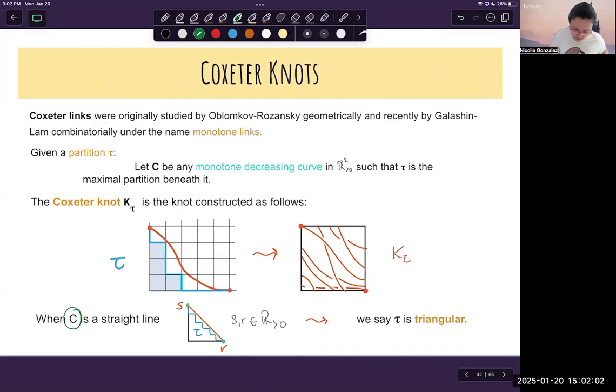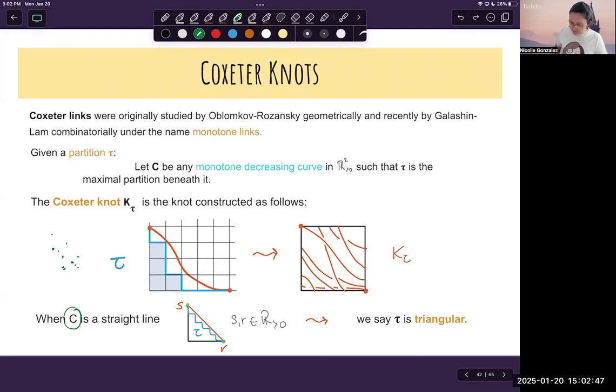So for instance, if your partition is what we call a hook, so something very long like this, but there are many lattice points inside here, then if you try to draw a straight line, this partition is not the maximal partition associated with this curve, right? Because the closest partition to this curve is going to be something like a staircase. So this is an example of a partition that does not admit a straight line as its associated curve, and therefore is not triangular.